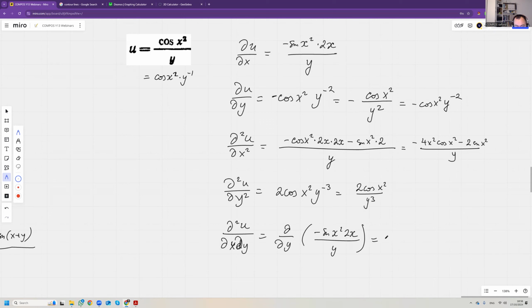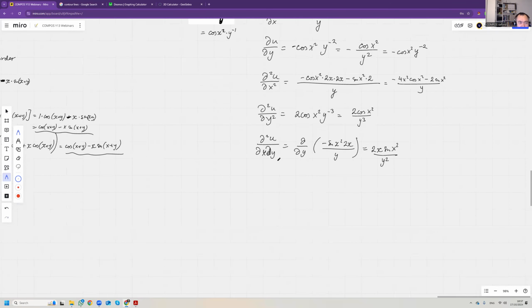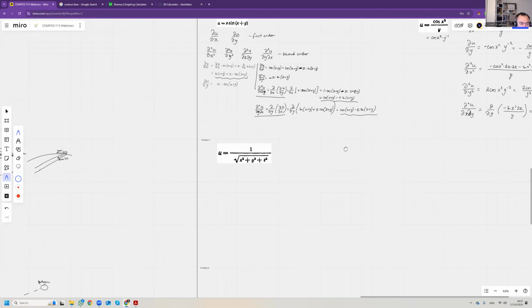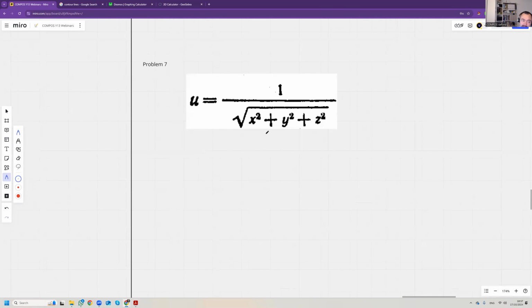So it's going to be plus 2x sin(x²) divided by y². That's it. I hope that makes sense. I'm just differentiating.